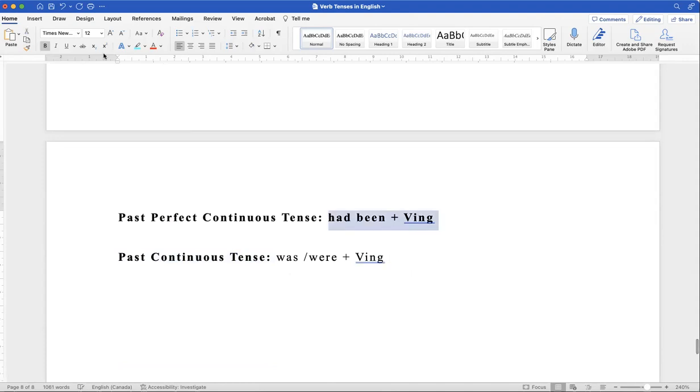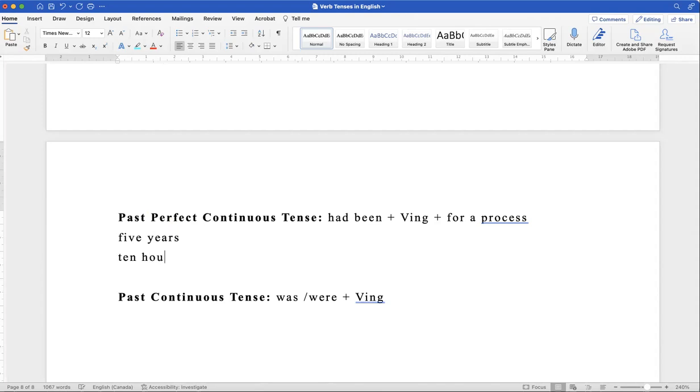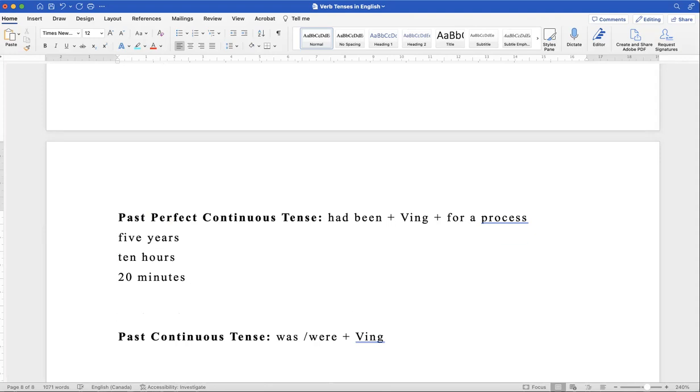There is only one main difference between these two. With this one, we always use for plus a process. Like what? For 5 years, for 10 hours, for 20 minutes. We always use for 12 days, just an example.